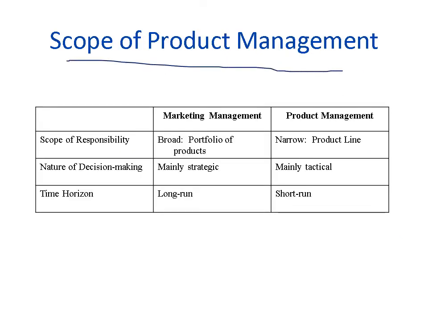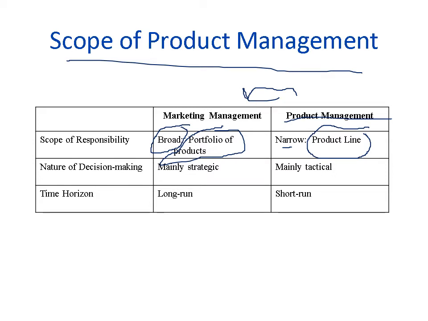The scope of product management versus marketing management. You can see here that the scope of marketing is very broad because it includes the portfolio of all the products of a certain company. In product management, the scope is narrow because you are focused on the product line.